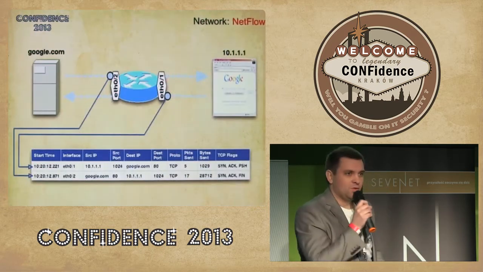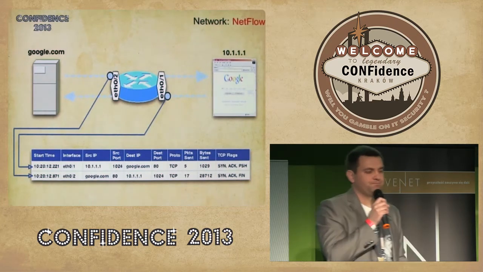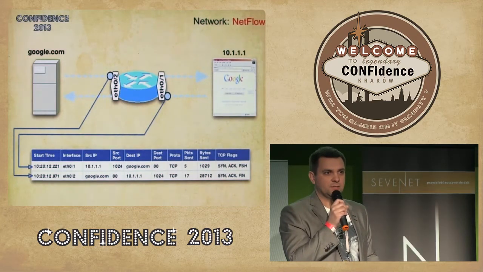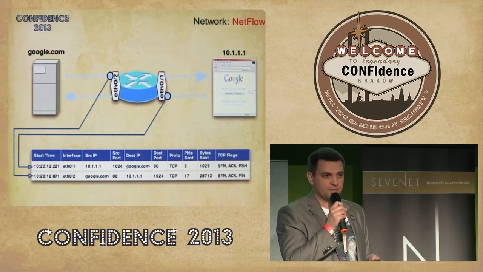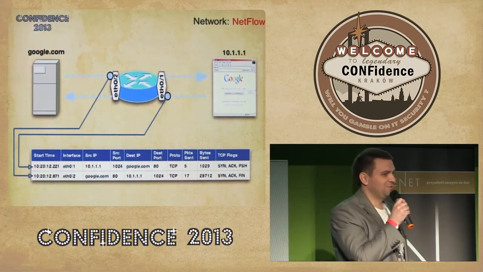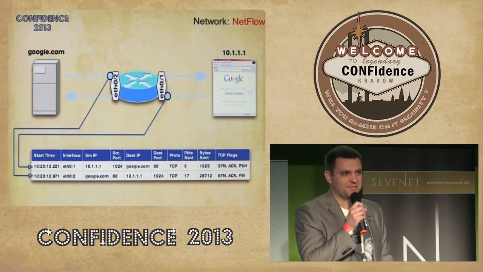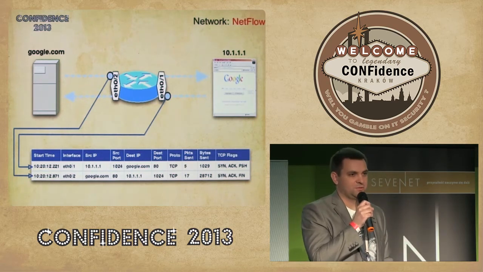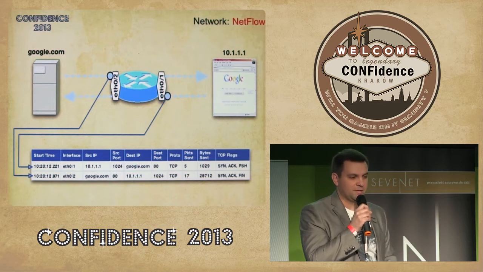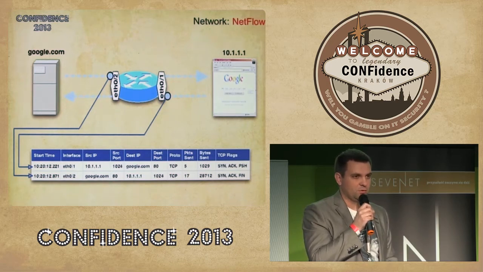So what is NetFlow? NetFlow is an IP traffic monitoring protocol developed by Cisco. But not only Cisco devices support NetFlow, there are many other vendors which can collect NetFlow information.